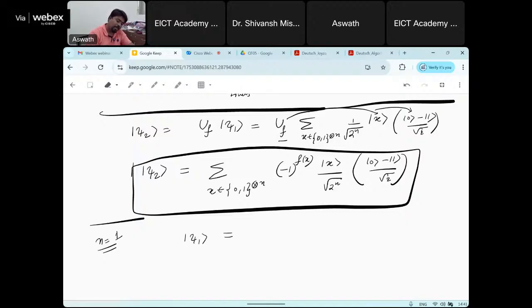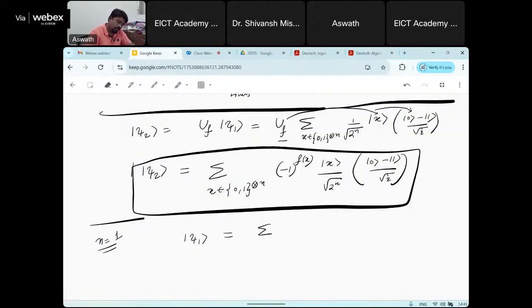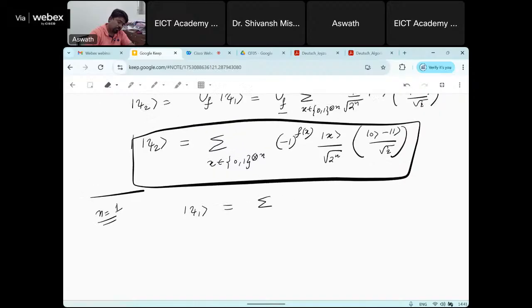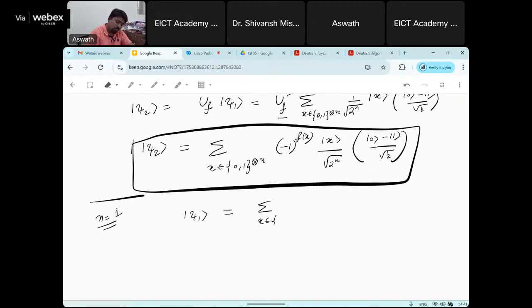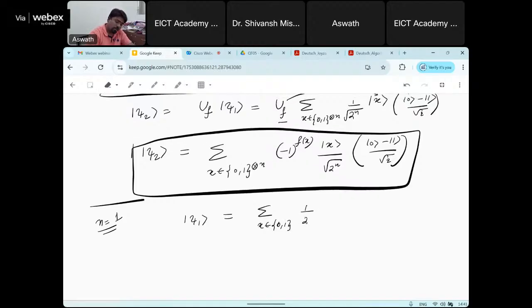Look carefully: x belongs to {0,1}, tensor 1 is just 1, and 1 over square root of 2 to the power of n is just 1 over square root of 2. So psi1 is x tensor 0 minus 1 divided by square root of 2.